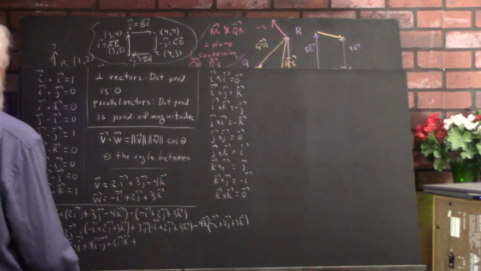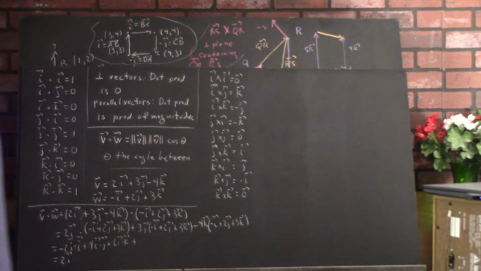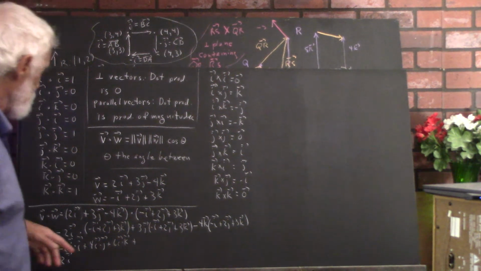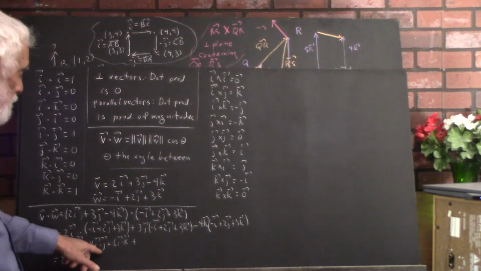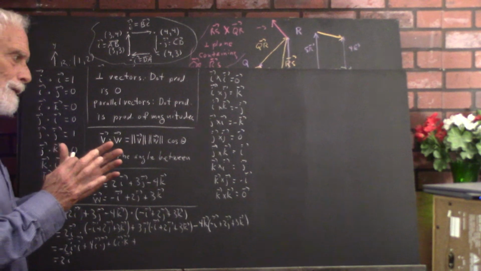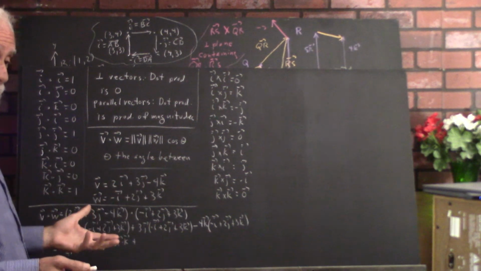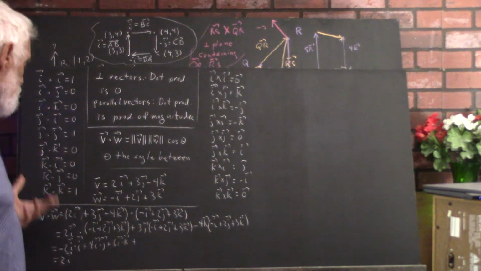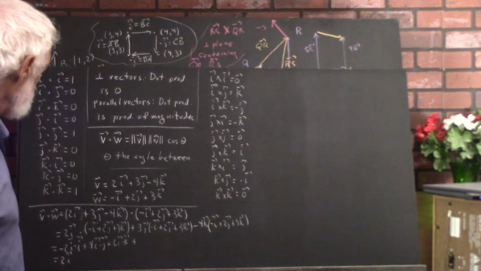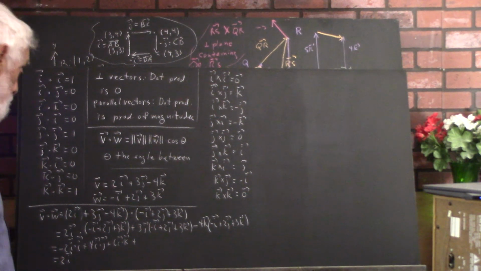Because among I, J, and K, each of those vectors dotted with itself is 1, dotted with either of the two others is 0.